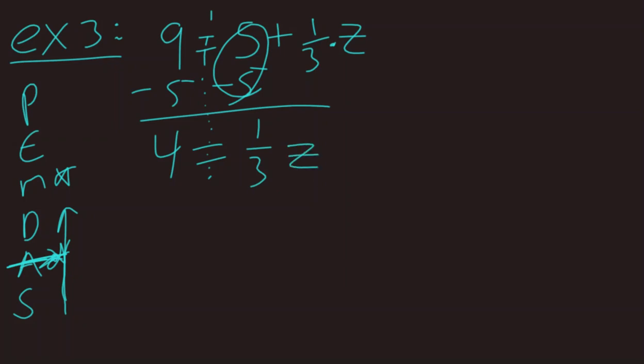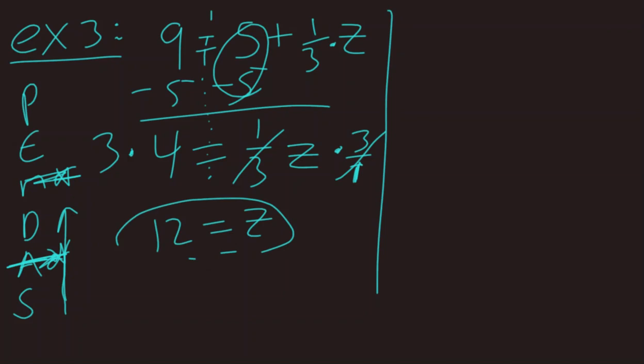And we know that this was multiplication, but in order to get rid of a fraction, we always multiply by the reciprocal. And so what is the reciprocal of 1/3? Well, reciprocal means to flip, which would be 3/1, and those cancel. But remember, multiplying by 3/1 is the same as just multiplying by 3. And so 3 times 4 will give us 12, which is equal to z.